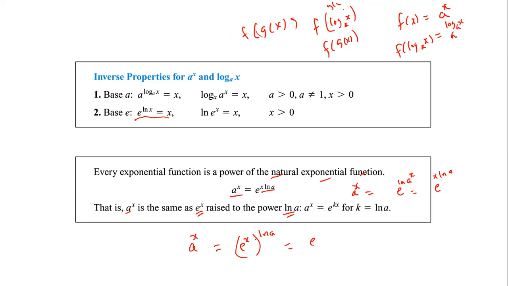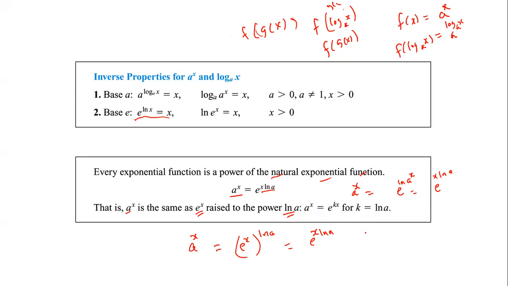The multiplication of the two will give you x ln a. Now a to the x equals e to the kx, where k equals ln a.